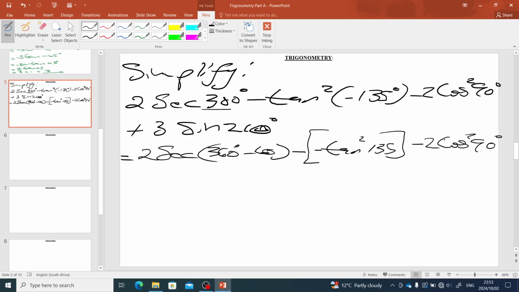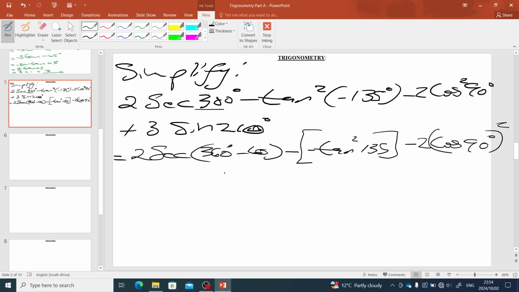Then it is the same as writing the square this way: 2 open bracket 90 degrees squared. It is one and the same thing writing it that way. Plus, we are having 3.